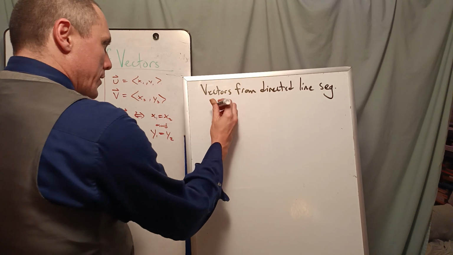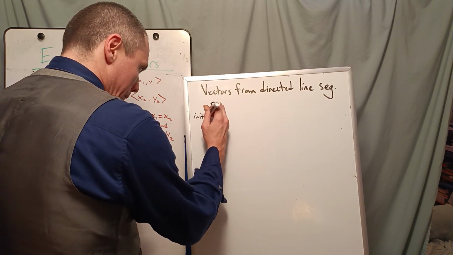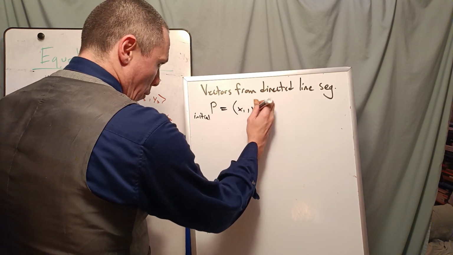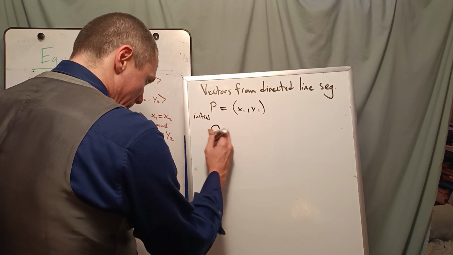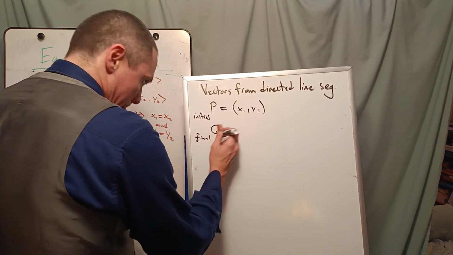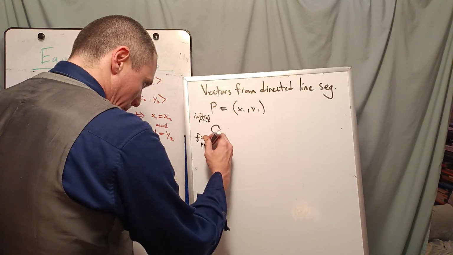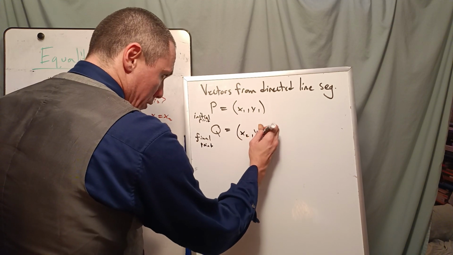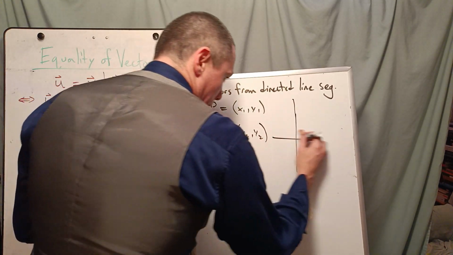And so a directed line segment is one that has an initial point. Let's say this is at x1, y1. And a final point equal to x2, y2. And now these need not be at the origin.